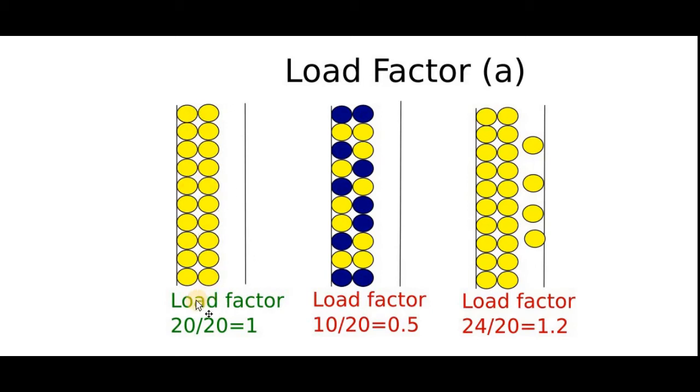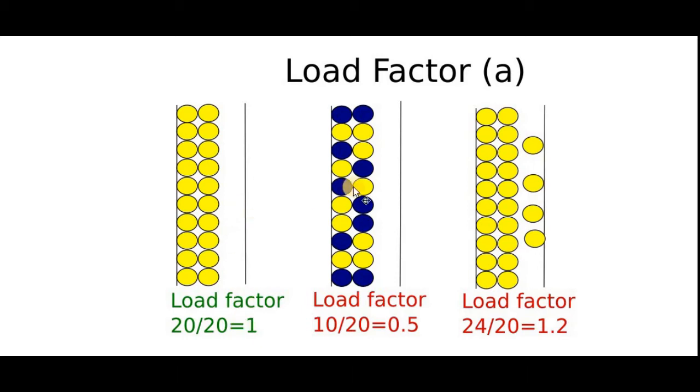Our load factor is the total number of passengers divided by the total number of seats. In this case, my total number of passengers is 20 and my total number of seats is 20. So my load factor becomes 1.